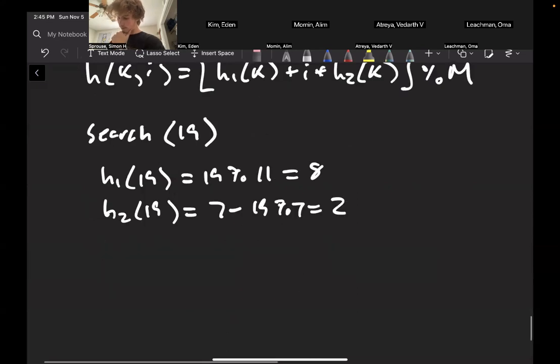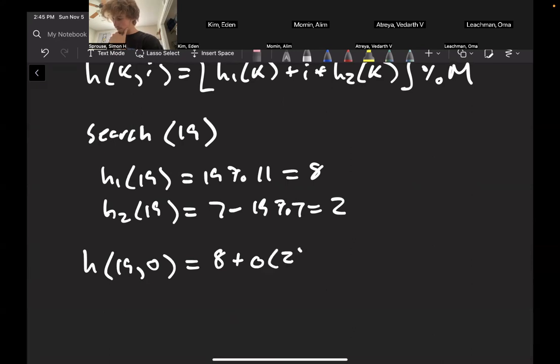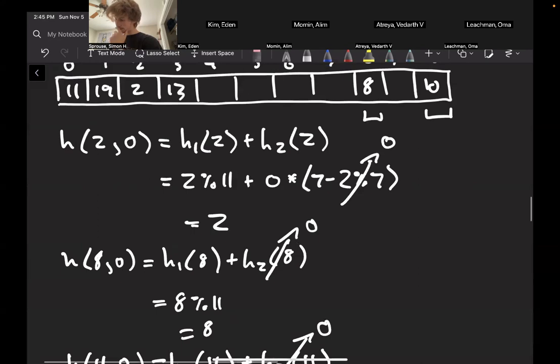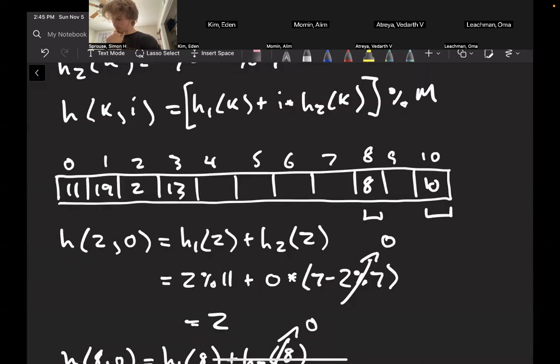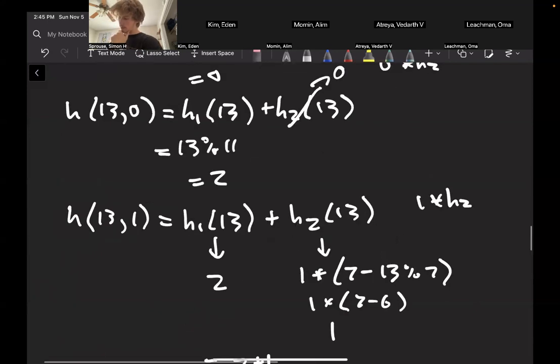Okay, so we're first going to look at 19,0, and that's going to give us 8 plus 0 times 2. So we're going to search at index 8. You can see we search at index 8. 19 is not there, so we have to keep searching.